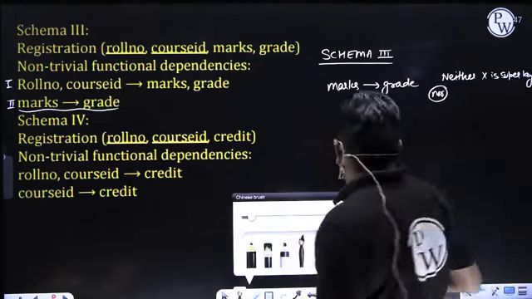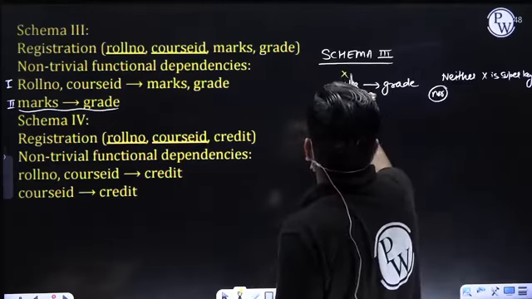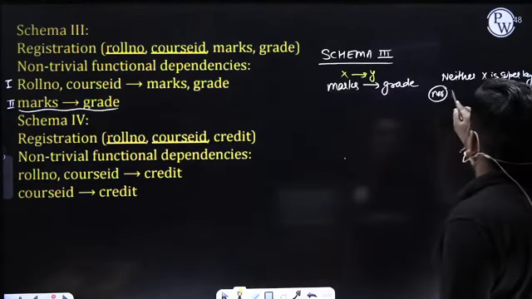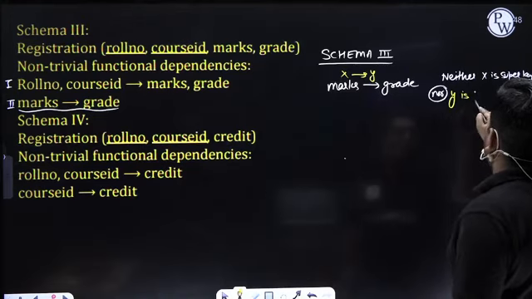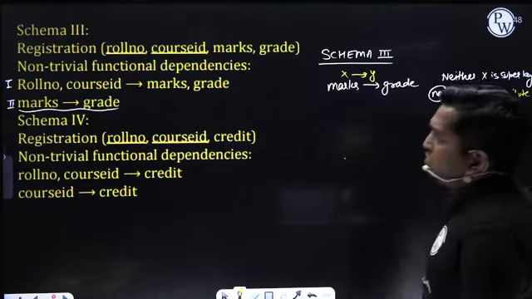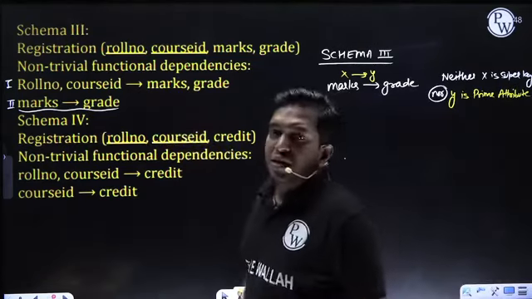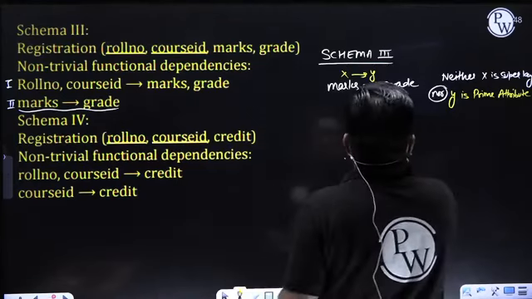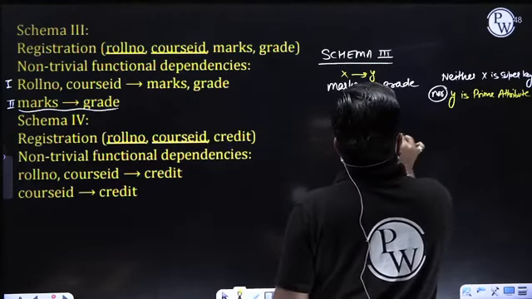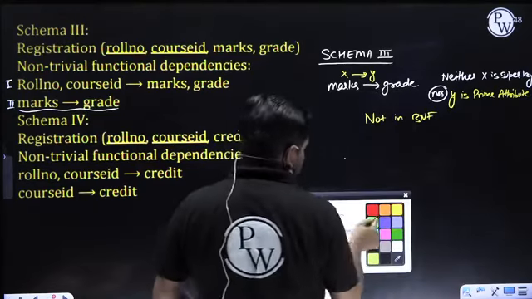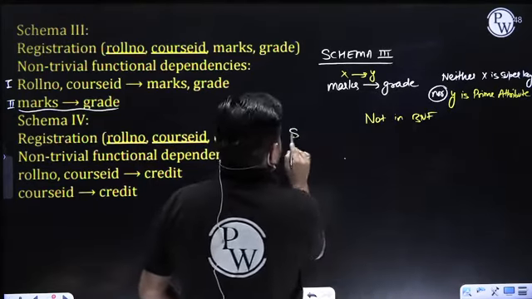Here you can conclude in this form: X determine Y, nor Y is a prime attribute. Because this FD fails for 3NF also. So not in 3NF.